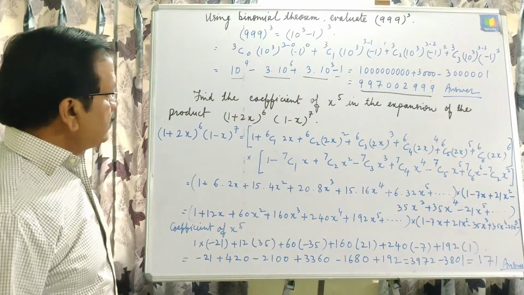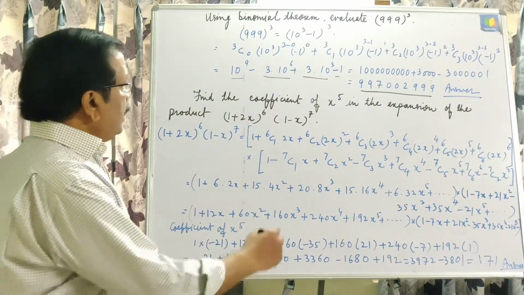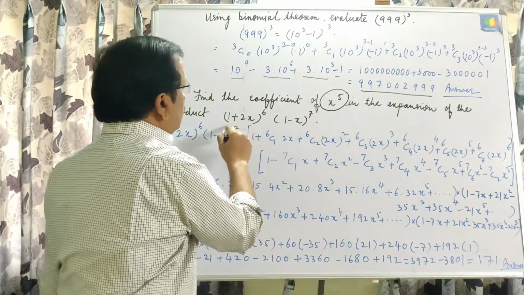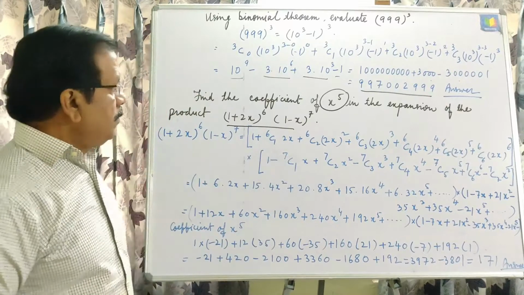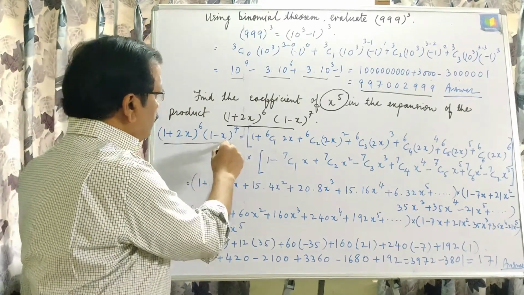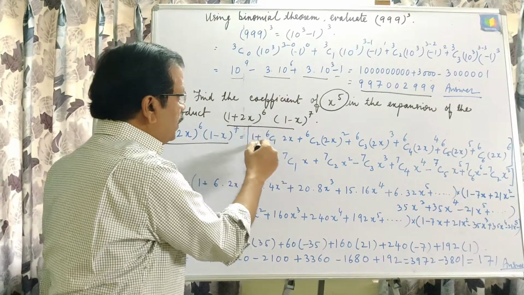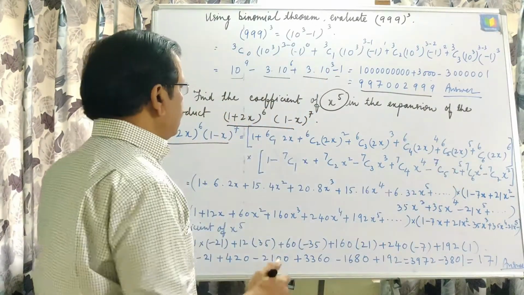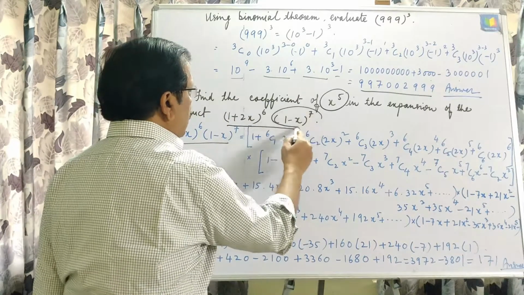Okay, and in the same way, next question. Find the coefficient of x to the power 5 in the expansion of the product. This means, first of all, we will write the binomial expansion of 1 plus 2x to the power 6, all these 7 terms, and then the expansion of this.